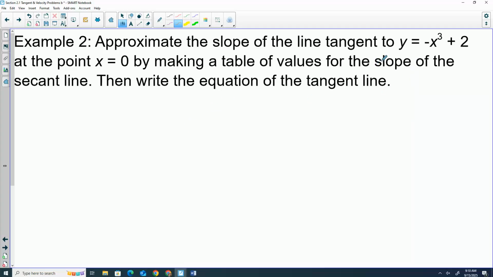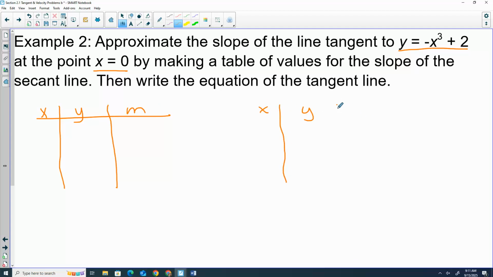Approximate the slope of the line tangent to y equals negative x cubed plus 2 at the point x equals 0 by making a table of values for the slope of the secant line. Then write our equation. So we'll have to have 2 tables. I want at least 3 points in each.